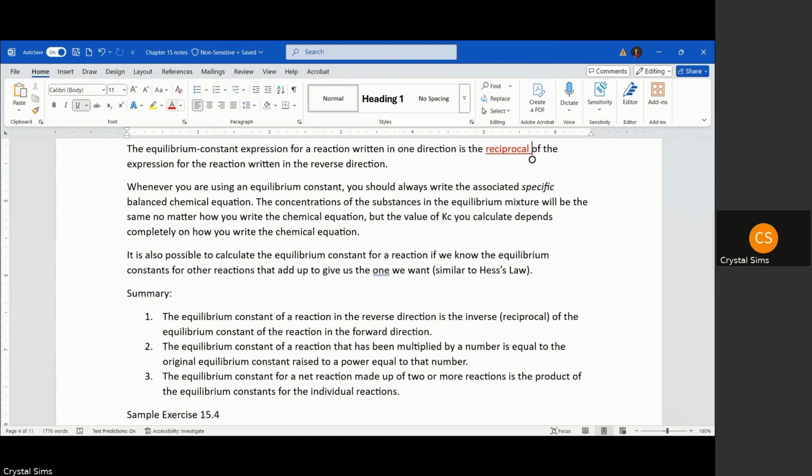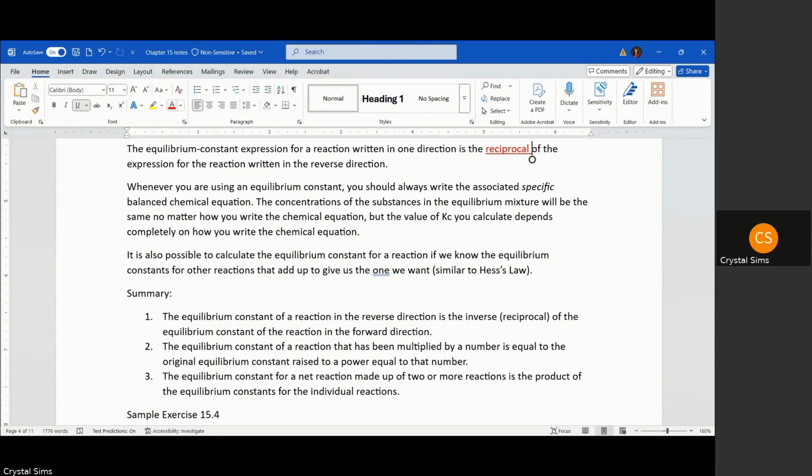So we can do the same thing here if we know the equilibrium constants for those elementary reactions that are a part of the overall reaction, then we can calculate the equilibrium constant for our specific overall reaction.